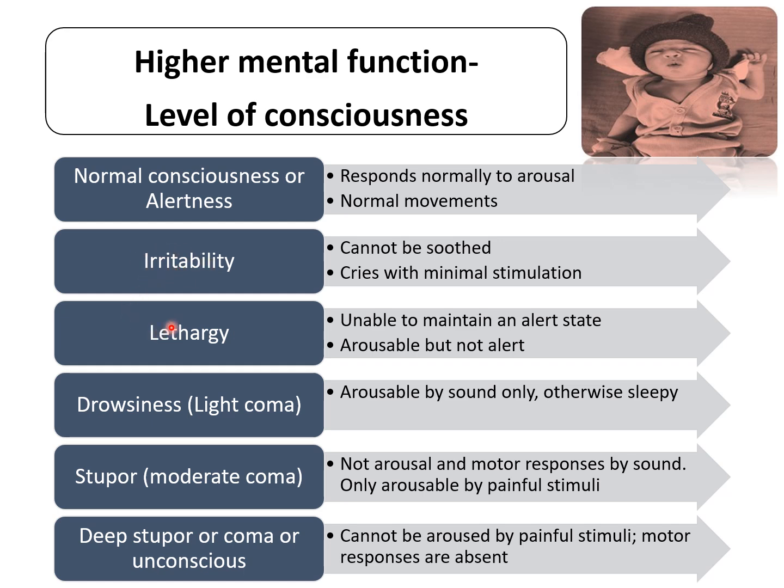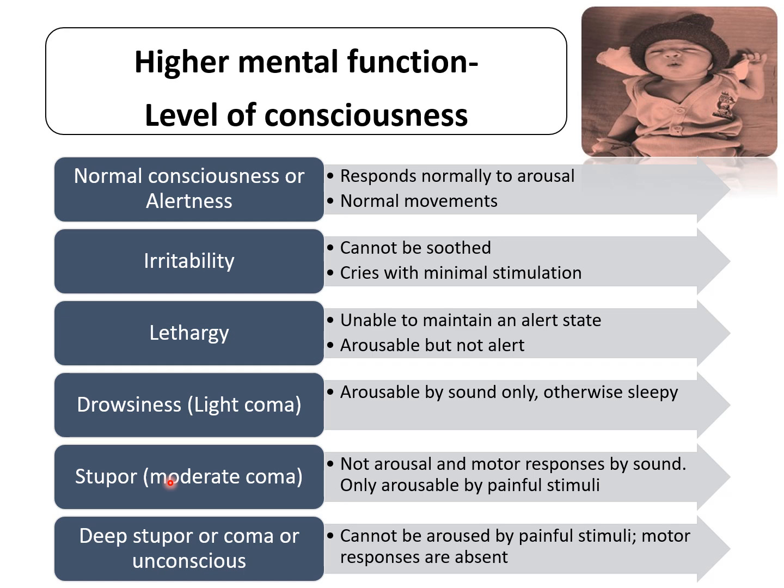We label the lethargic neonate whenever the neonate is unable to maintain the alert state, but it is arousable but not having the alertness. Then we label the lethargy. Drowsiness and light coma when the baby is only arousable by sound, verbal stimuli, otherwise baby is sleepy.